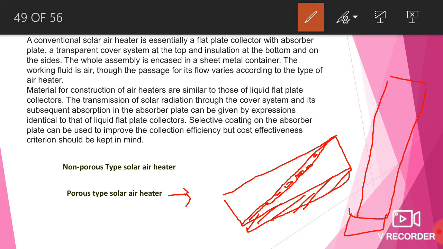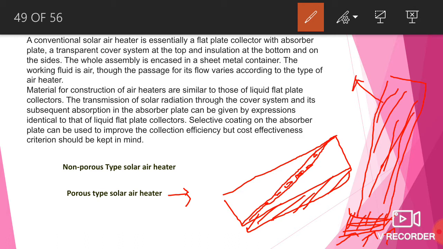So here the radiations are passing here. This is the glass.